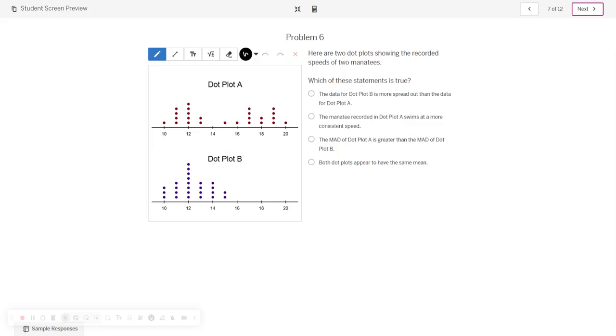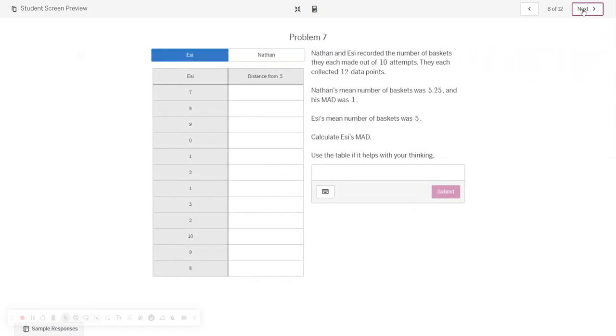Manatee recorded for dot plot swims at a more consistent speed. Definitely does not. The MAD of dot A is greater than, yeah, that is true. The MAD's going to be really spread out. The average of this one looks to be in here somewhere, and that one is 12. And so, yeah, I'm going to go with C.